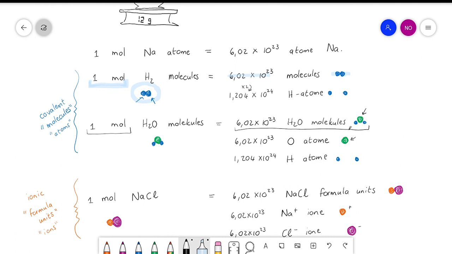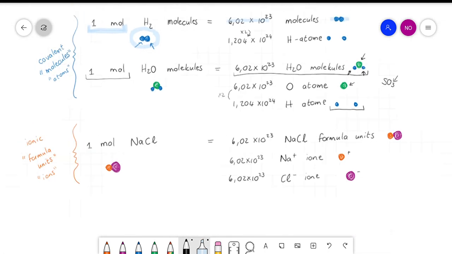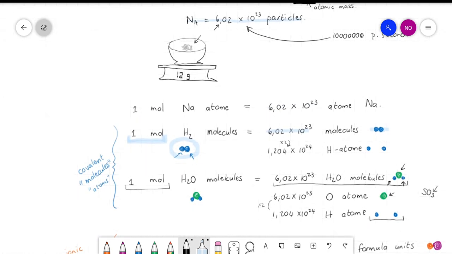But I have 2 hydrogen atoms, meaning that that times 2 gives me the amount of hydrogen. As ek nou byvoorbeeld iets gehad het soos SO3, dan sou ek vir die hoeveelheid suurstofatome gemaal het met 3. Goed. And what you guys need to understand here is that all of these are covalent bonds. So when we're talking about them, we call them molecules or we call them atoms when we break them up.